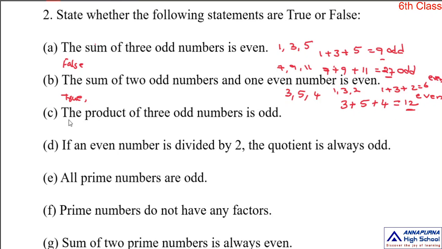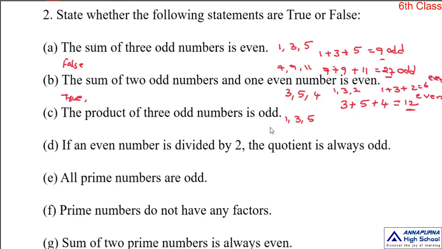Next one: the product of three odd numbers is odd. We check with one example whether the statement is true or false. We take three odd numbers: 1, 3, 5.